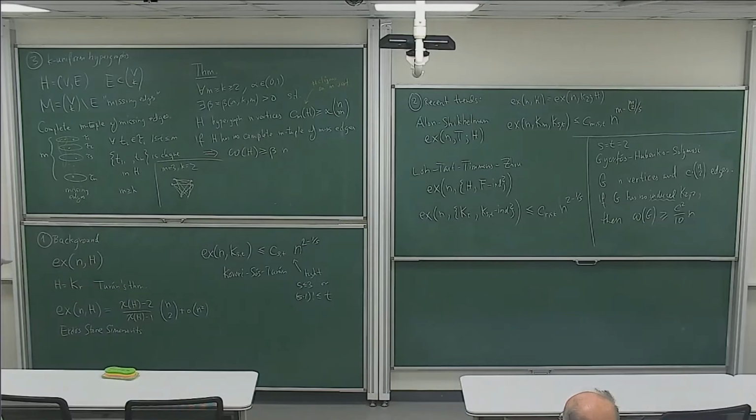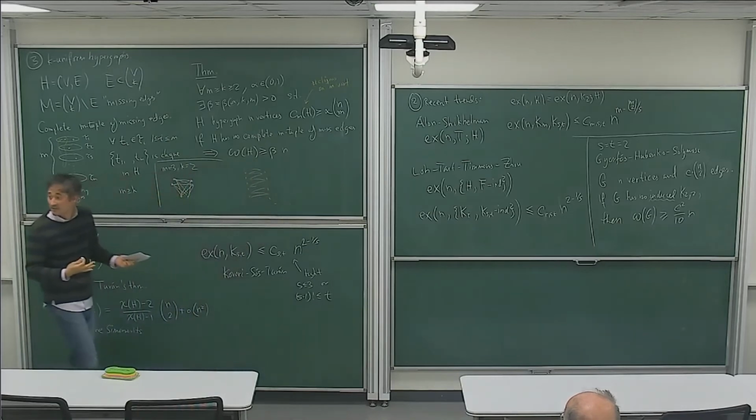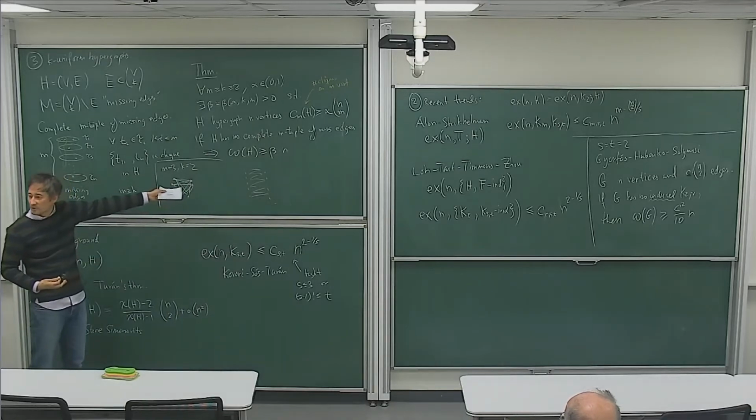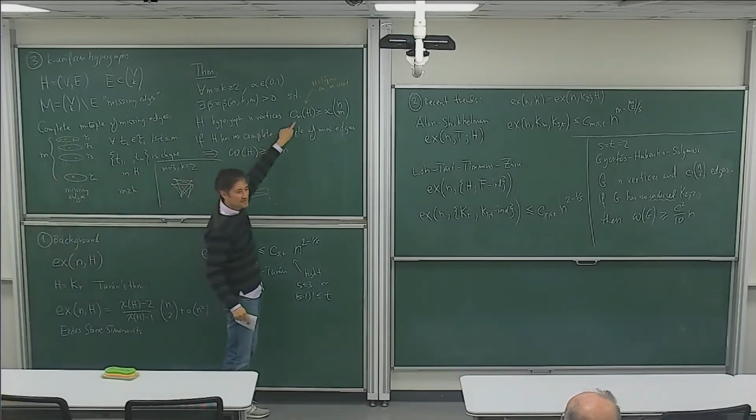Yeah, say a complete bipartite graph. It's dense. It has none of these. Clique number is super low. So you really need to look at this. This is the right thing to look at.